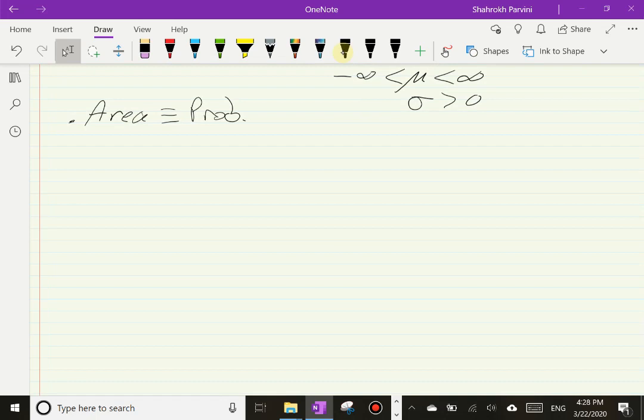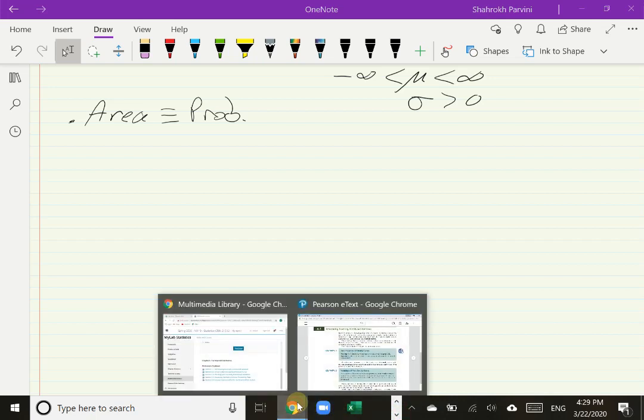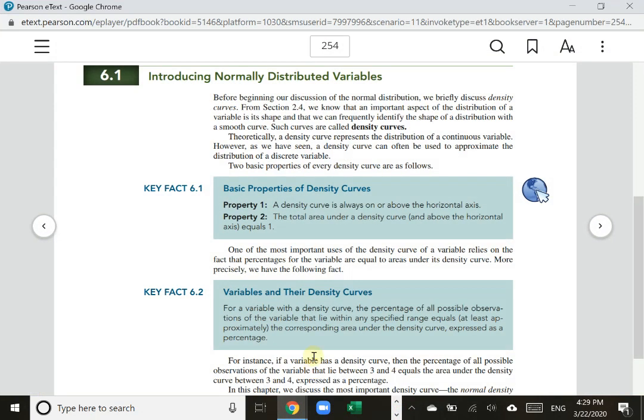So first of all, let's take a look at some normal distributions, some curves. Let me go to the page of the book now and actually show you some of these normal distributions that are in your book. So for this one, let me go to that page.